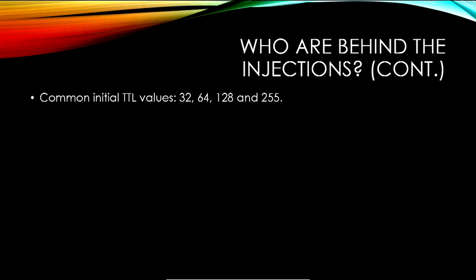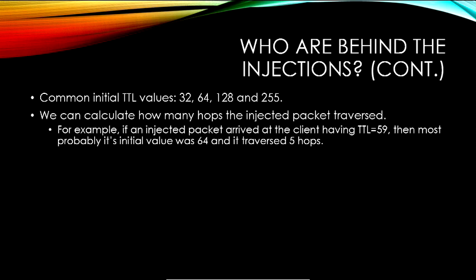There are other values, but these are the most common ones. We use those values to calculate how many hops the injected packet traversed. So if, for example, we observe an injected packet with a TTL value of 59, then most likely the initial TTL value of that packet was 64, and we can estimate that the packet traversed 5 hops.